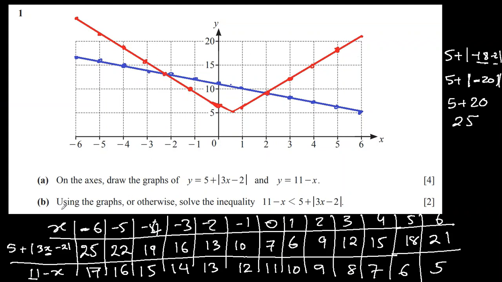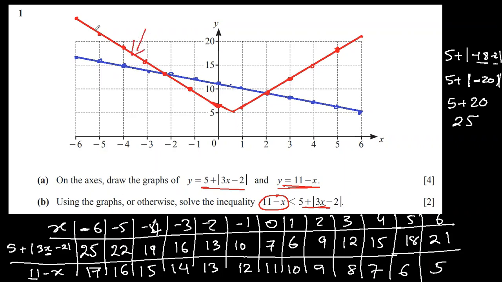Now the second part says using the graphs or otherwise solve the inequality 11 minus x, which is the second one, less than 5 plus absolute 3x minus 2, which is the first one. So we have to see where the graph of the second equation, which is blue, is lower than the graph of the absolute one, and we can see it here.